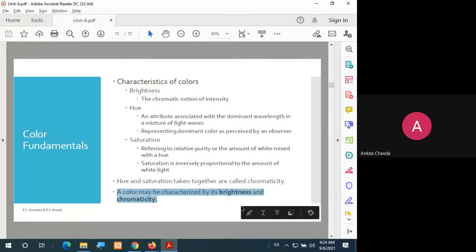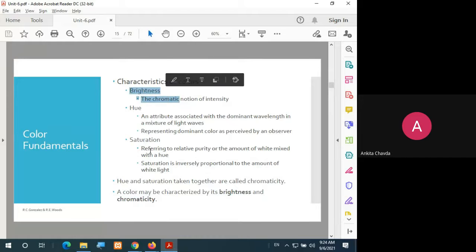Not only intensity, like achromatic, where you had no colors and used only intensity. In color image processing, you consider both brightness and chromaticity, which means three terms, since chromaticity is hue and saturation in a single unit. So in the characteristics of colors, you are concerned about brightness, hue, and saturation. That's it, right?